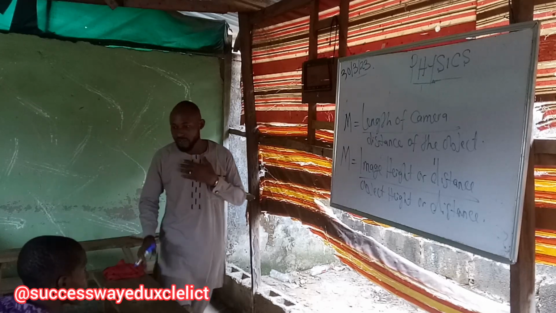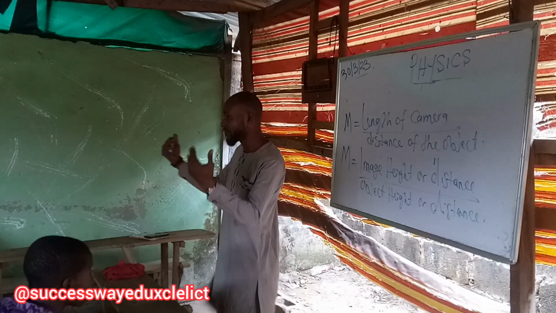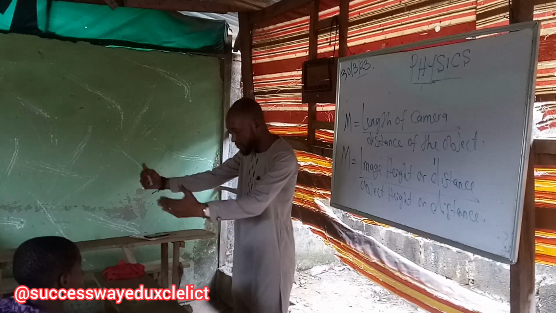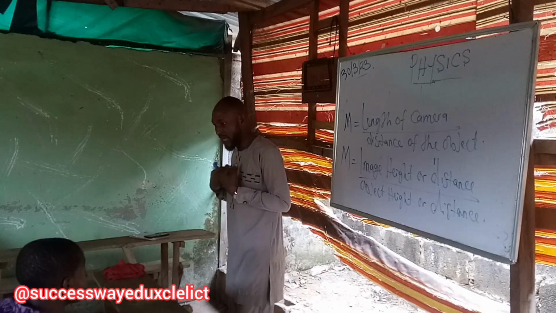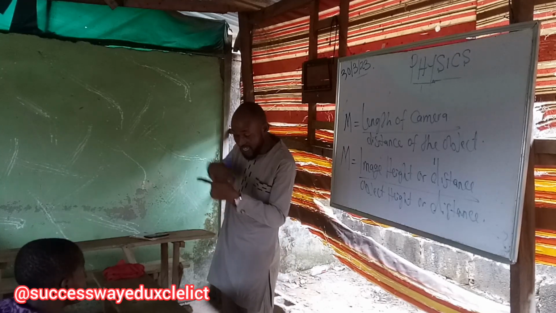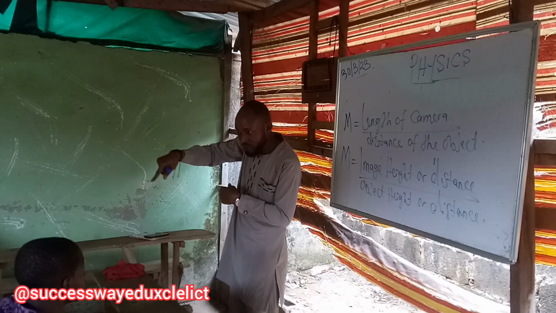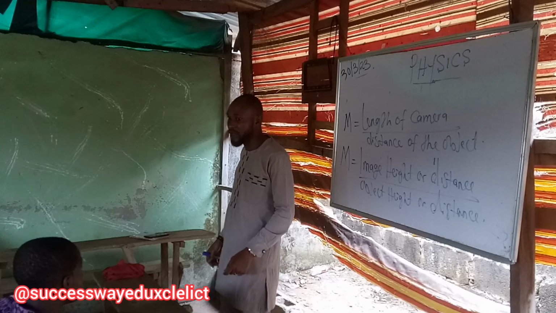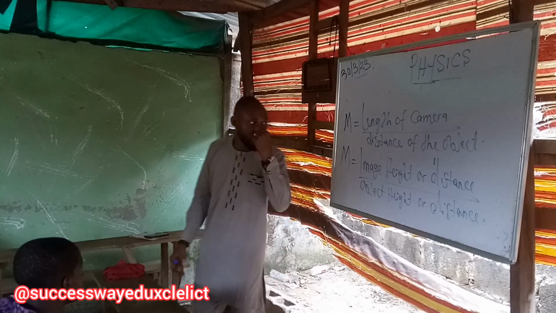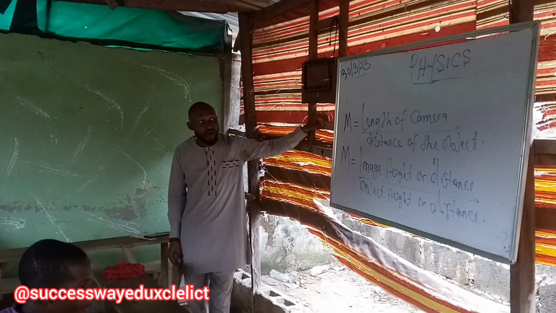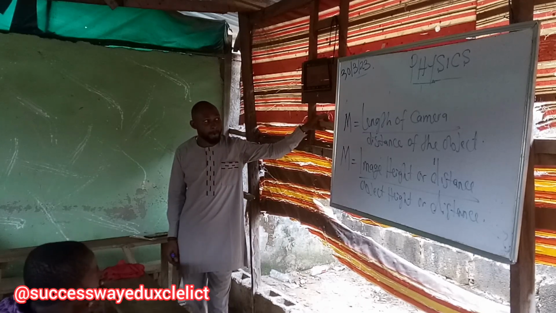If I'm standing in front of a mirror, me standing here outside, I am the object. What I'm seeing inside the mirror is called the image, while me, the physical person, I am the object. Now, what are we asked to solve for?